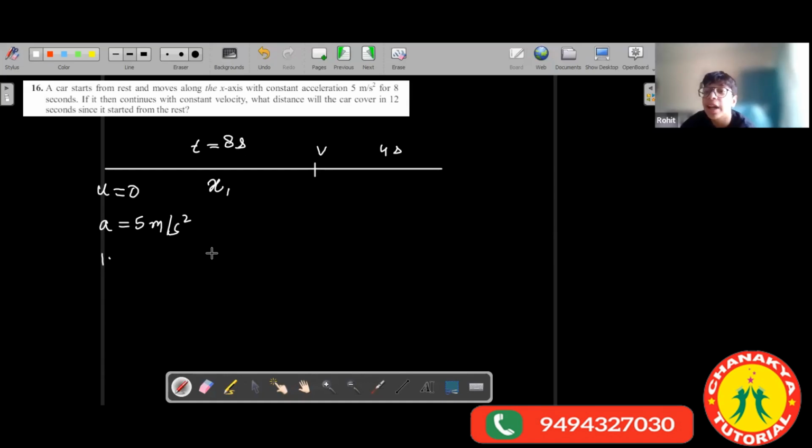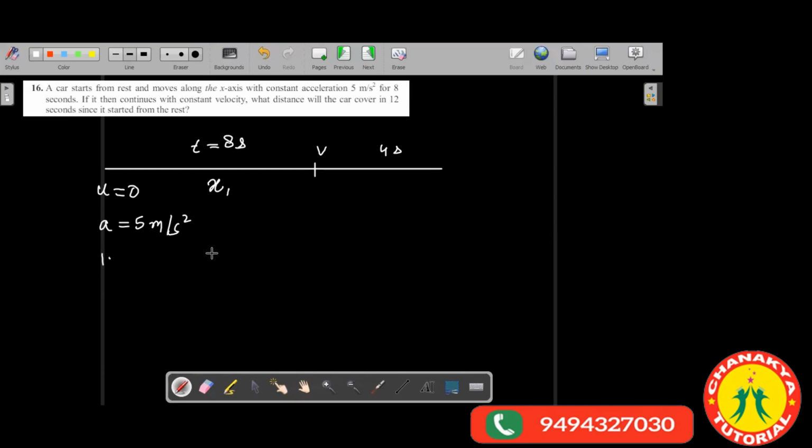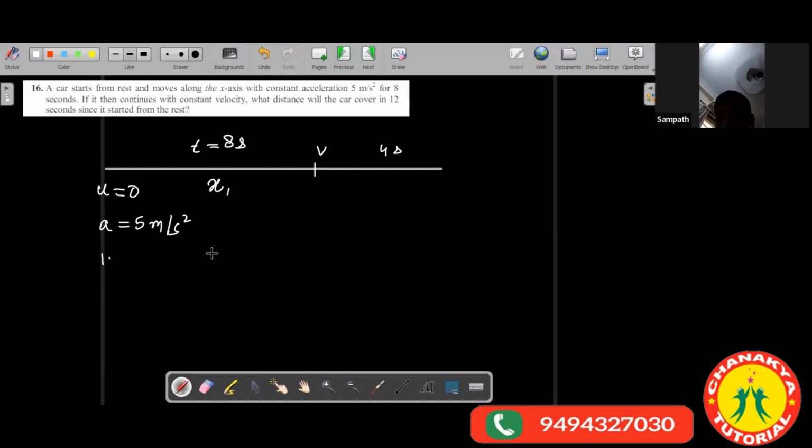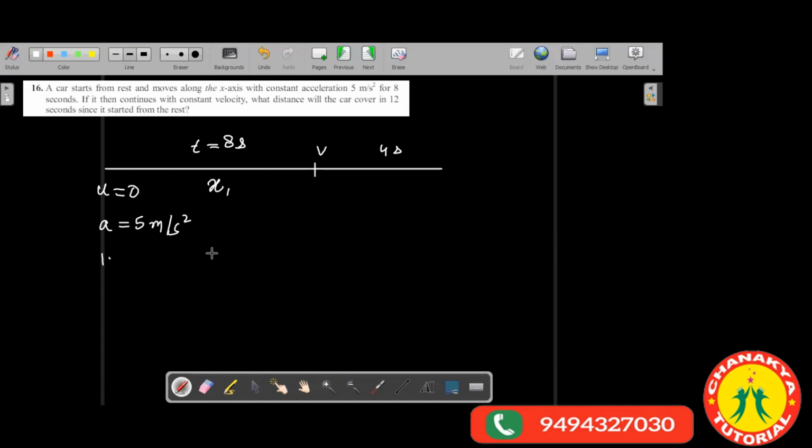So we can use the second equation of motion in this one, right? Yes. Sir, will the final velocity be 40 meters per second and distance be 16 meters? Sir, I'm getting the distance as 160 meter.